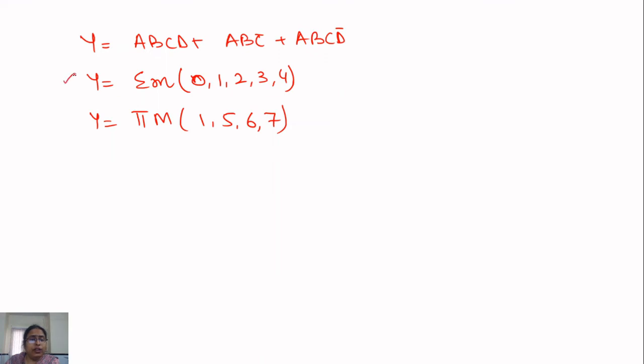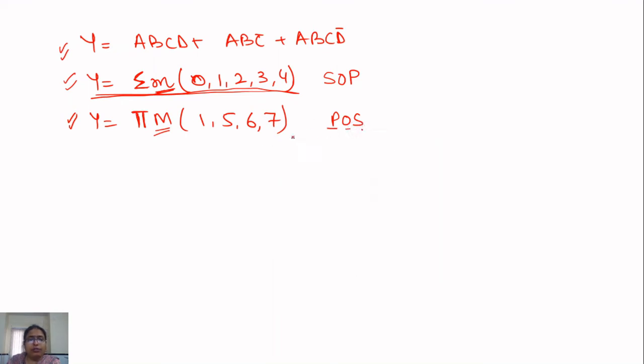So this is also a form of writing a Boolean expression. Now small m shows that it is SOP form, sum of product; capital M shows that it is POS. The summation sign shows that it is sum of products, and the pi sign shows product. That's why it is product of sum, right?